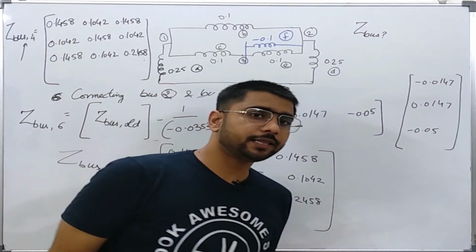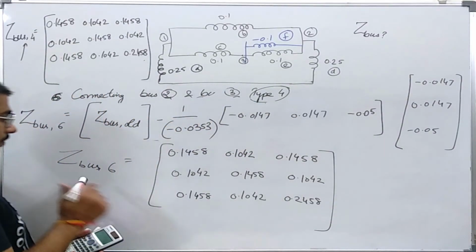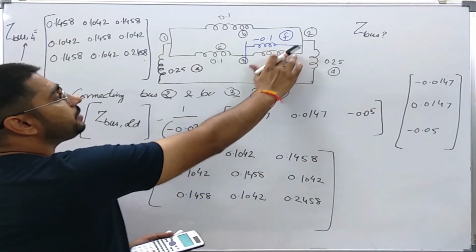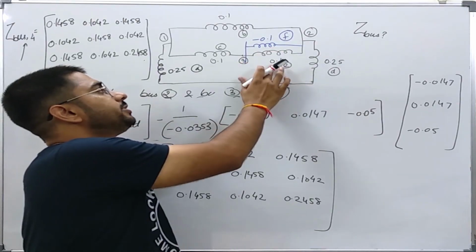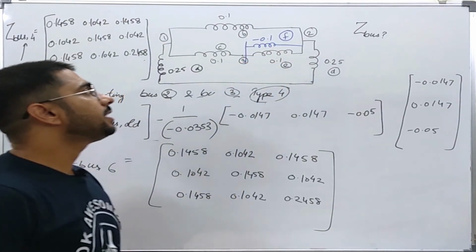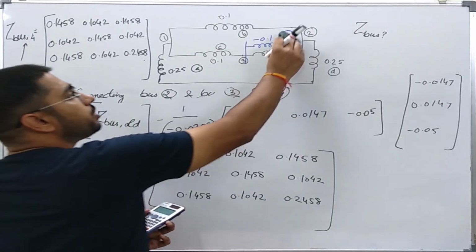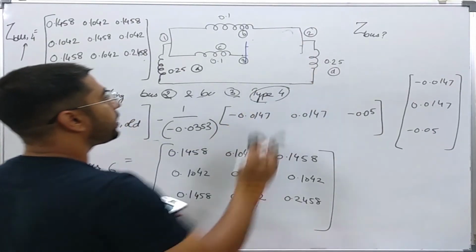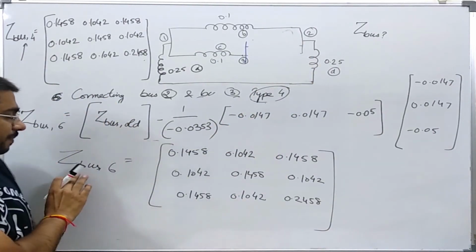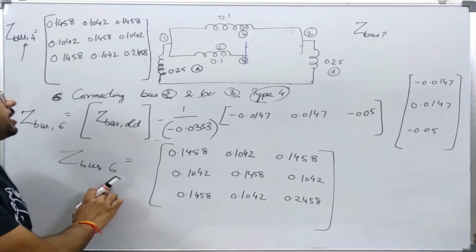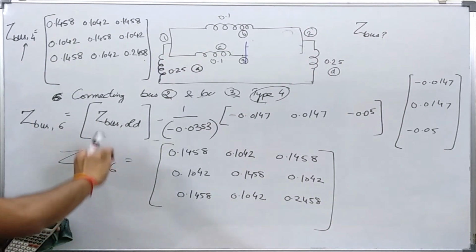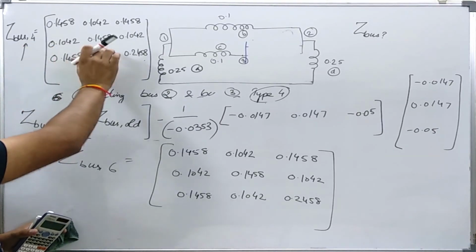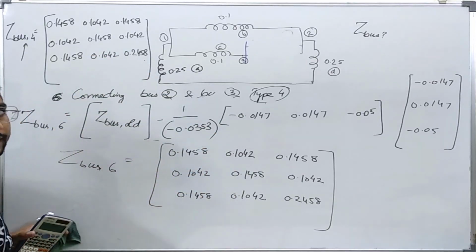Now I have written the bus impedance matrix from step number 6, that is, by adding this element having value equal and opposite to the existing line, which is equivalent to removing this element altogether. We find that this bus impedance matrix is equal to the impedance matrix we saw in step number 4. These two impedance matrices are equal.